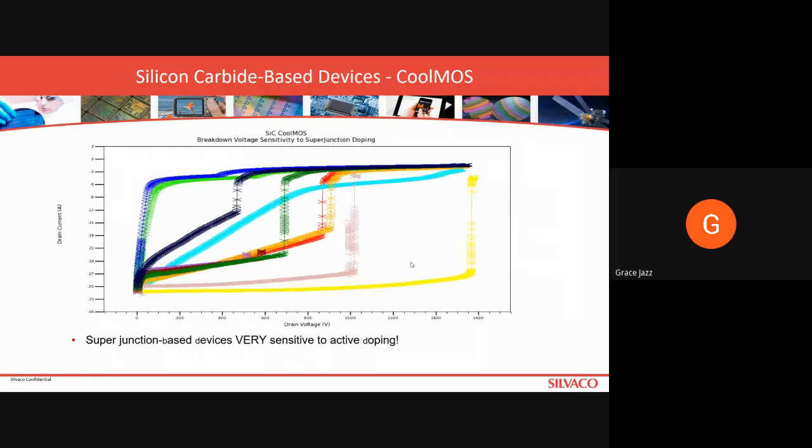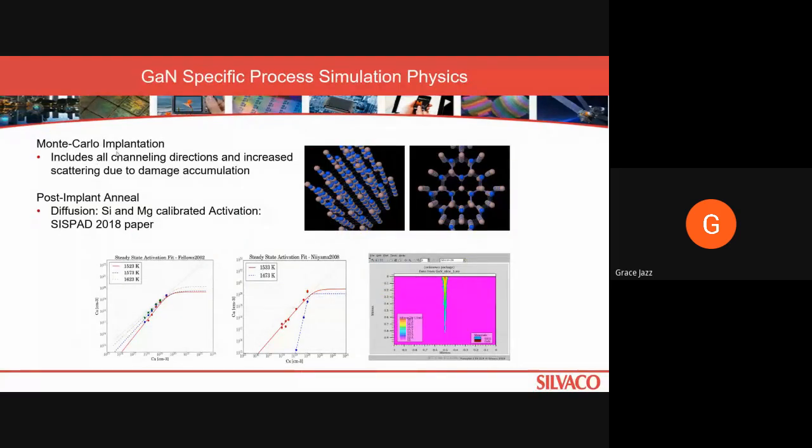Okay, this is some simulation comparison. With detailed doping profile optimization, we can enhance your breakdown. If your device design is not good, it will show early breakdown. So TCAD is a quite robust tool to predict this kind of effect. This is another example, in terms of gallium nitride devices.